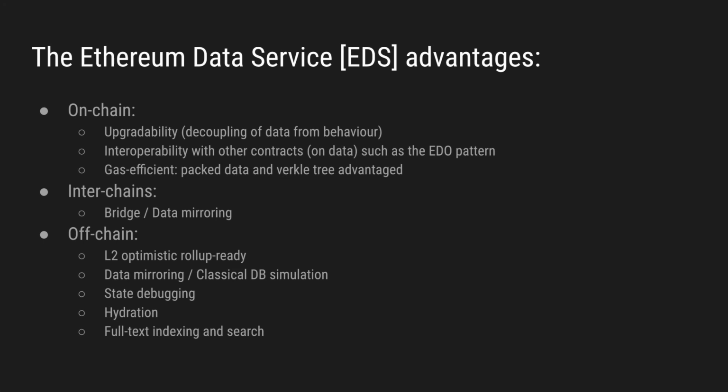State debugging is easier as you get to see the entire storage layout in a structured way. For off-chain use for applications, data can be hydrated from various sources including on-chain deep objects. And the EDS also allows for full text indexing off-chain and search right in the EVM.